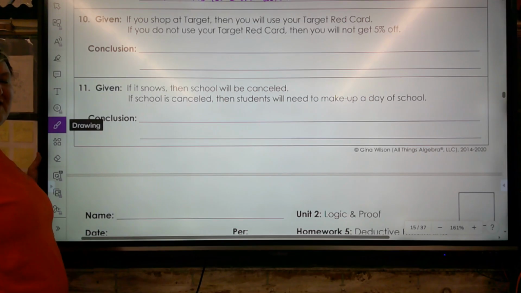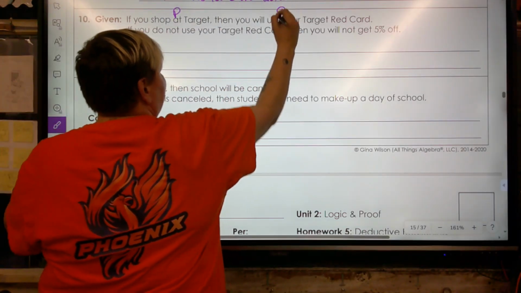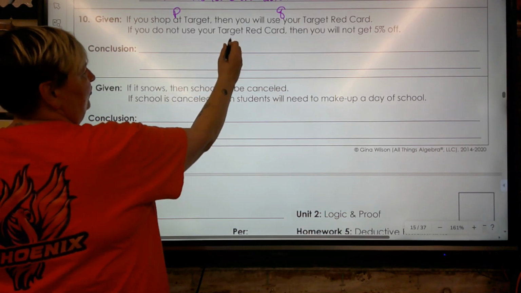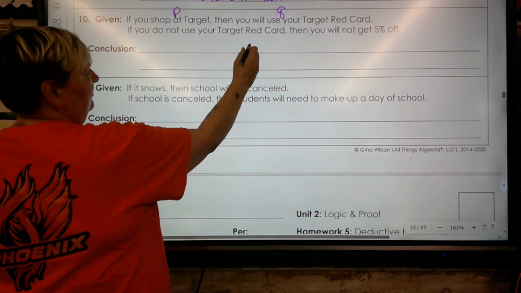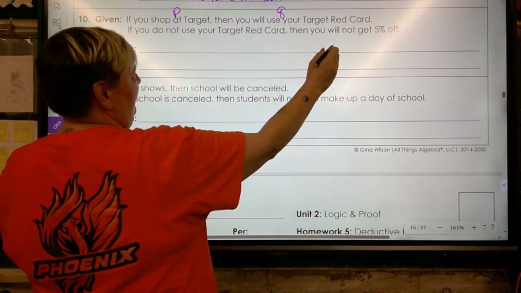Alright, do 10 and 11, and then come back and see how you did. If you shop at Target, then you will use your red card. If you do not use your red card, then you will not get 5% off. So what is that?